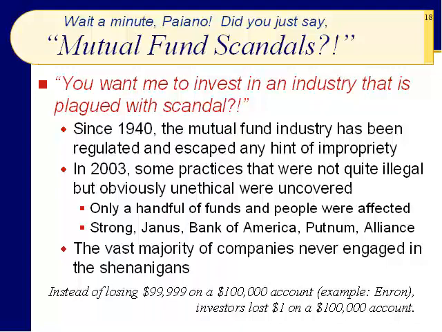Strong funds, which are now gone. Janus, Bank of America, Putnam. Putnam is one of the oldest mutual funds, been around for decades. Alliance, a very good mutual fund company. And they were just destroyed because a few people, sometimes in the case of Alliance there were 2 people, were doing this. Now, what were they doing?